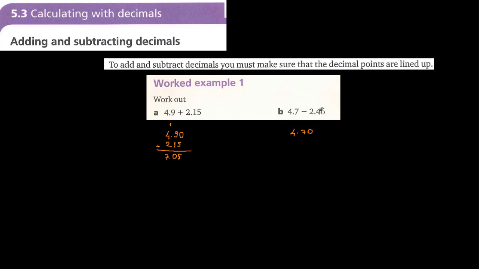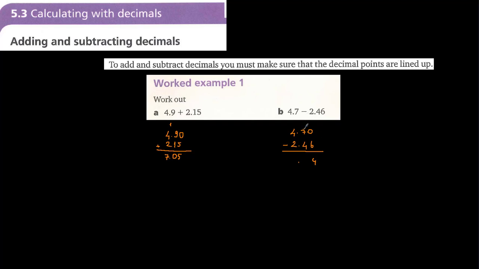Okay, now we do the same operation for the second one: 4.70, because it is 2 decimal places, minus 2.46. We are going to do it like a normal subtraction operation, like there is no decimal point, and I'm going to place the decimal point directly here. The rest is like normal subtraction. 0 cannot be subtracted, so we are going to get 1/10 from the previous one, and then it is 10 minus 6, which is equal to 4.